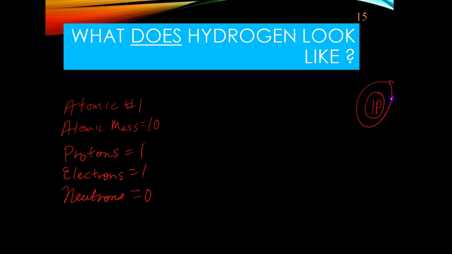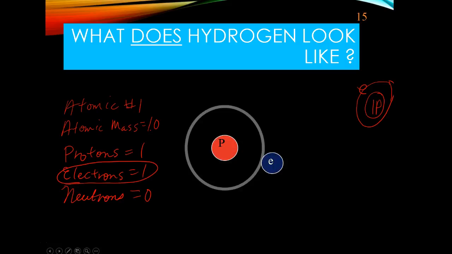And how many electrons can go in that 1 shell? 1. We only have 1 electron, and we're going to put that 1 electron in that first shell. Okay? So we have achieved the drawing of the Bohr model for hydrogen. Let's move on to the next one.